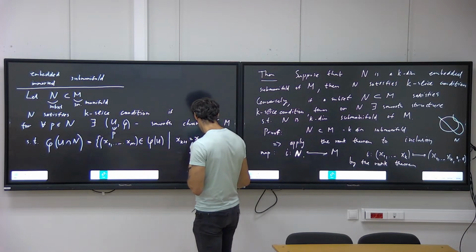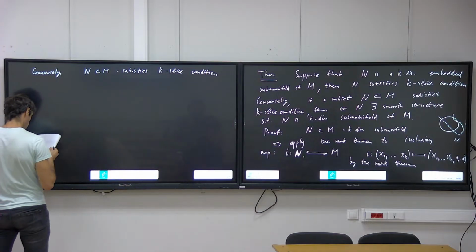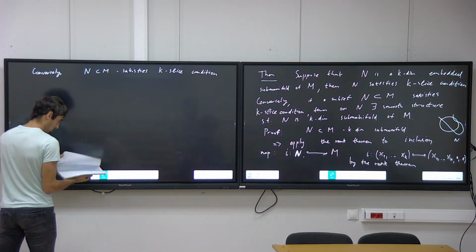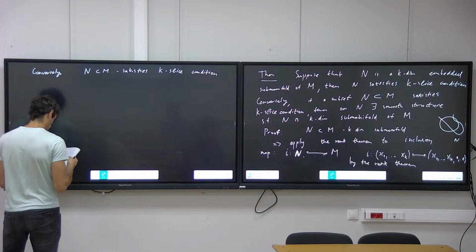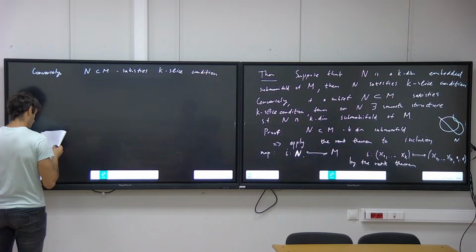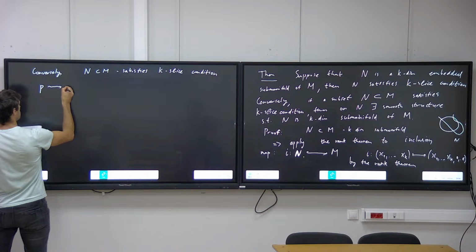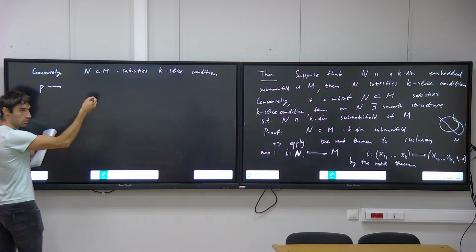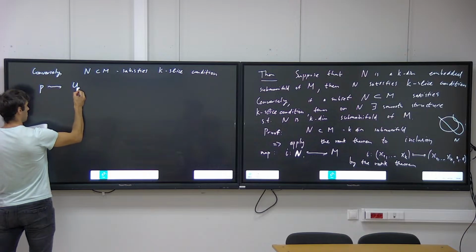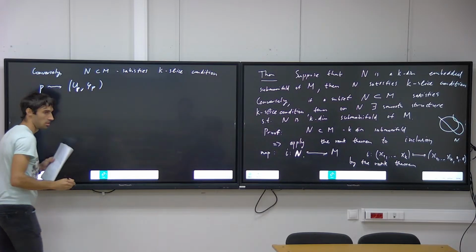It's clear what I should do. So how to write this down? For each point p, I have a chart of M. Let me index it with this point p, so (U_p, φ_p).